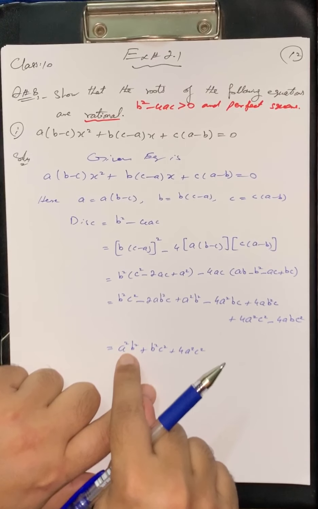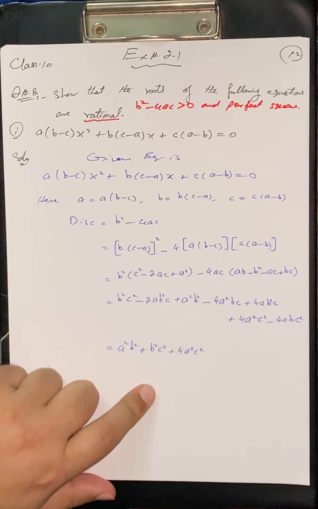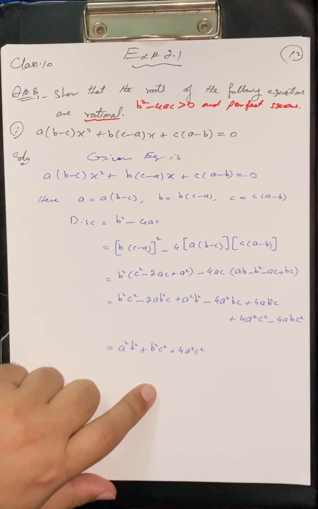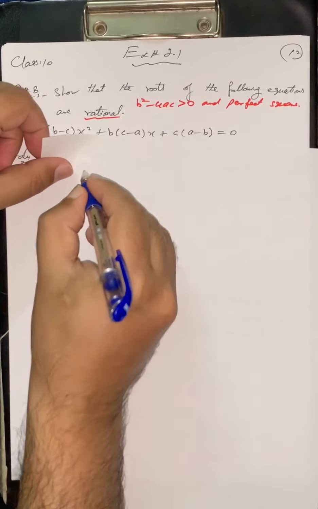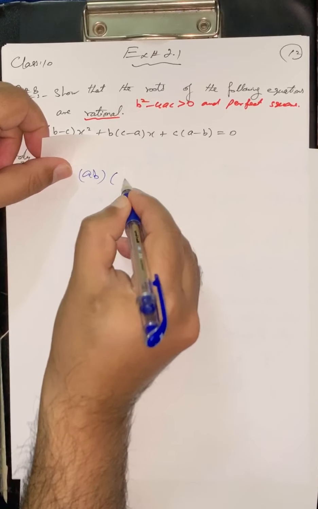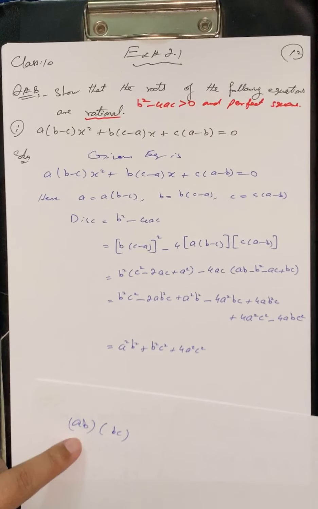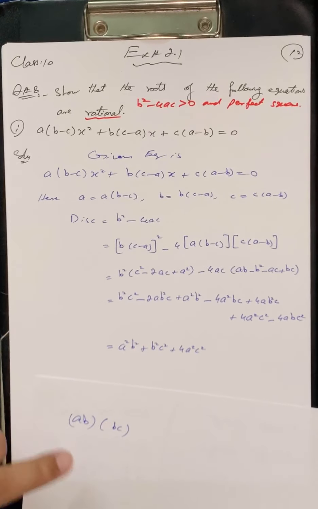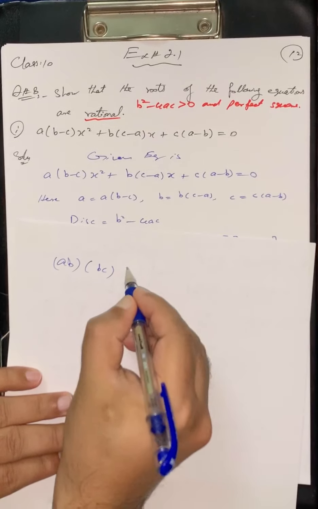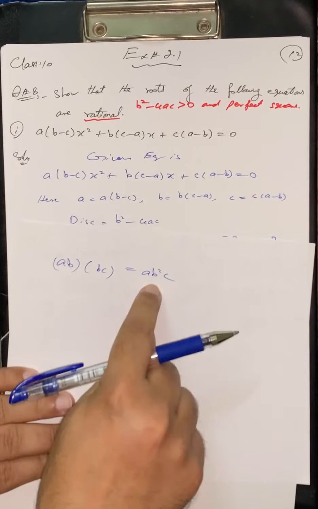After that, don't you think that it's a square on it, as I show you on the rough? See, suppose it is ab and bc. Multiply them, without the square, ab and bc. Okay dear, when you multiply them, it gives you ab square c.